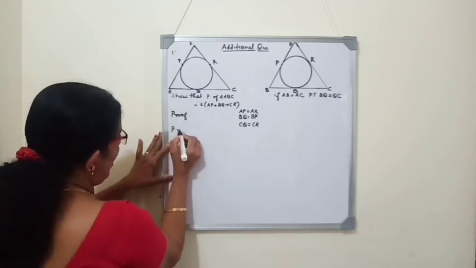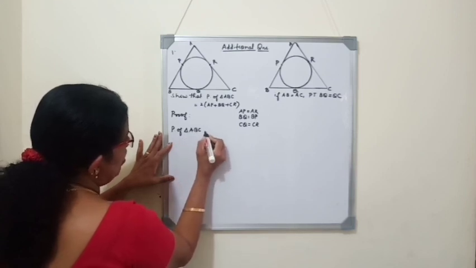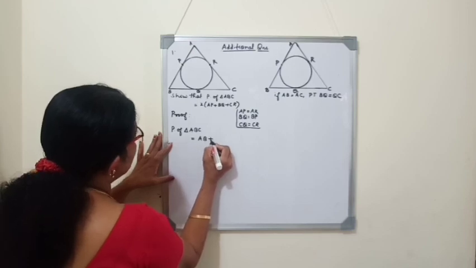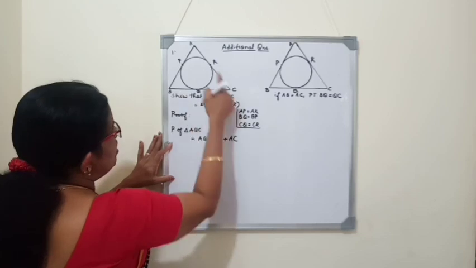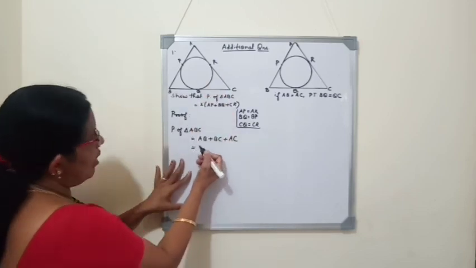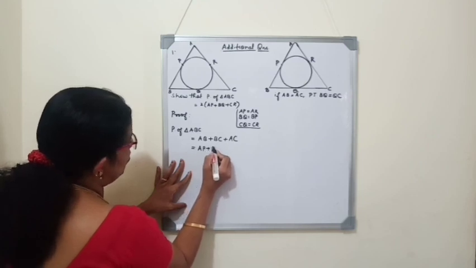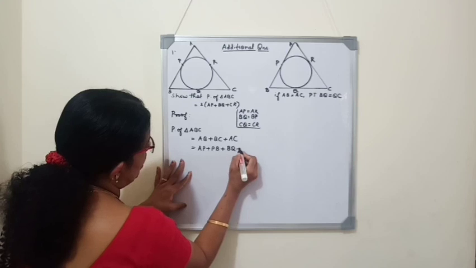So, perimeter of triangle ABC equals AB plus BC plus AC. AB, BC and AC we will add. So, how can we write AB? AB can be written as AP plus PB. BC can be written as BQ plus CQ.